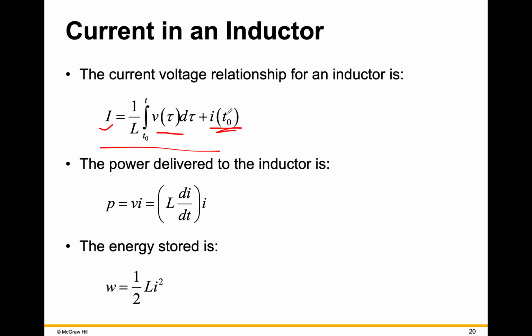Usually t naught is time equals 0, but it could be any starting time at which you have a defined initial condition on your current. So inductors and capacitors have both a differential equation or a derivative equation and an integral equation depending on what your unknown is. If your unknown is the current and you're given the voltage and the initial condition, this is the equation you would use.